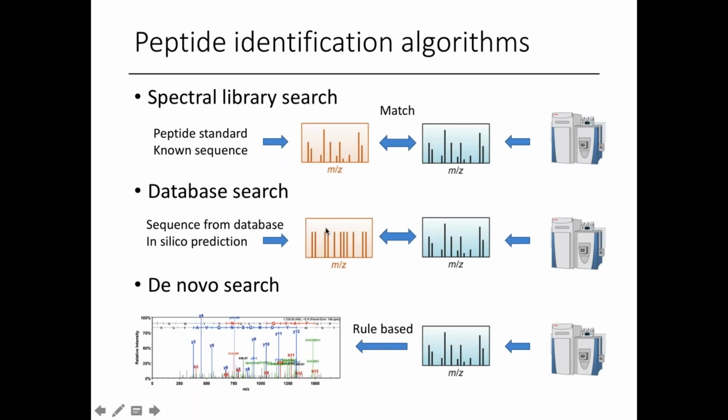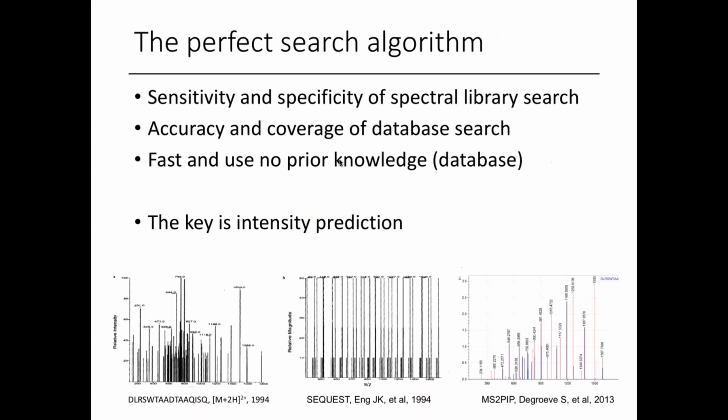A perfect prediction of the intensity would give us almost the same spectrum as the one we get from a synthetic peptide standard. Then we have all the advantages that the spectral library has, which is highly sensitive and highly specific identification.